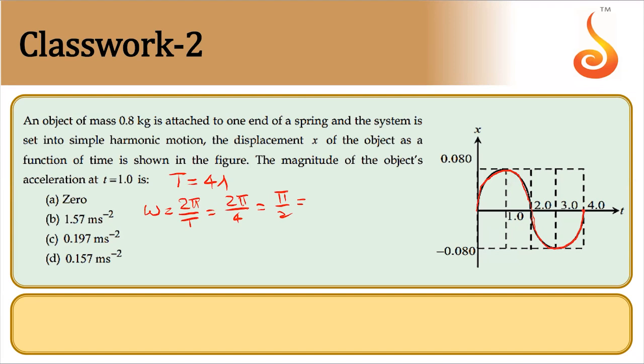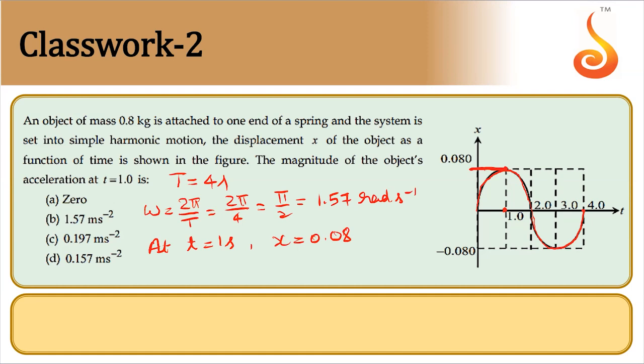Pi is 3.14. So this should be 1.57 radian per second. This is omega. See, at t is equal to 1 second, x is 0.08.